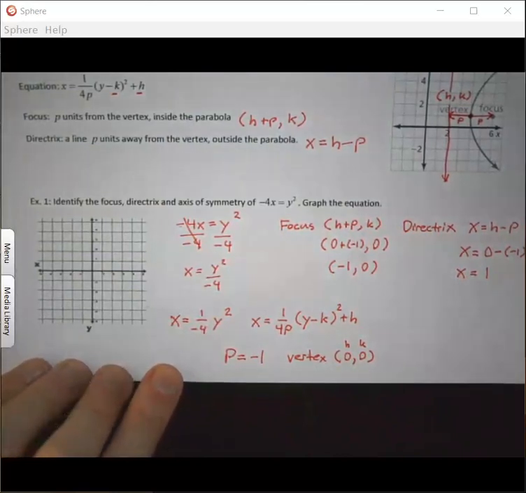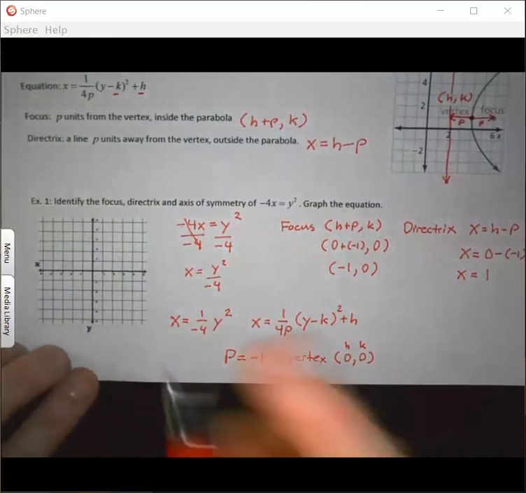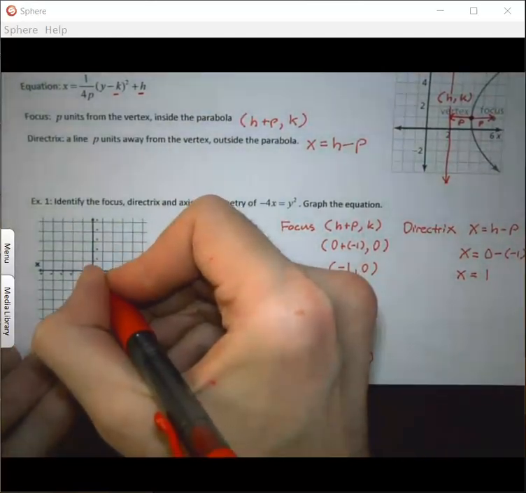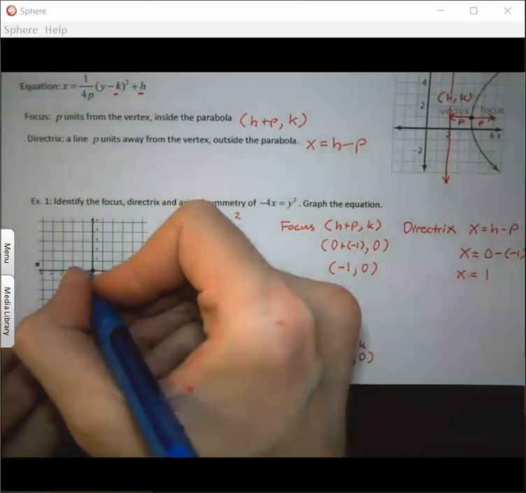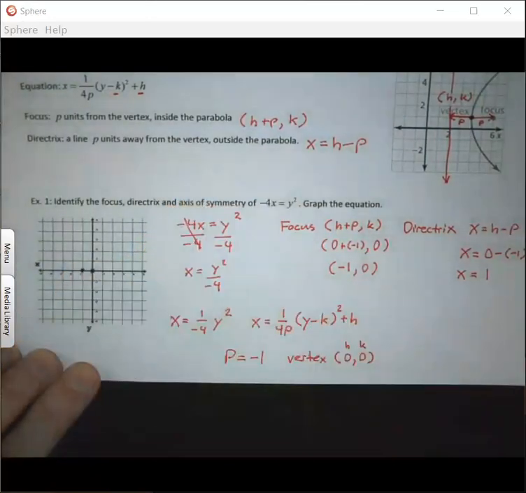So let's put in what we know. Our vertex is going to be 0, 0. Focus, minus 1, 0. And directrix is at x equals 1.